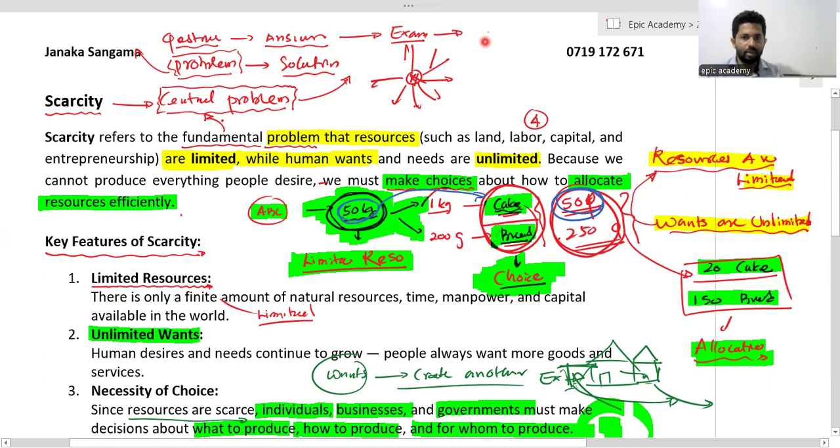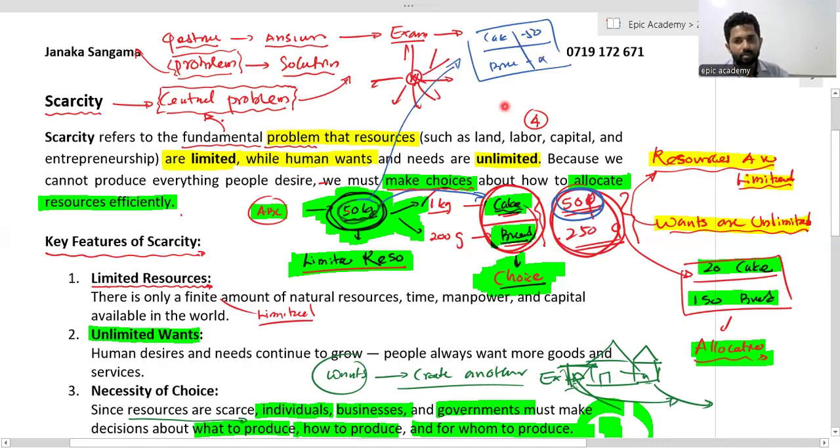This is the cake production, which is just 50, and there is no production of bread. It is 0. This is the particular production situation in this present time: they are using 50 kilos of flour to produce only cake.